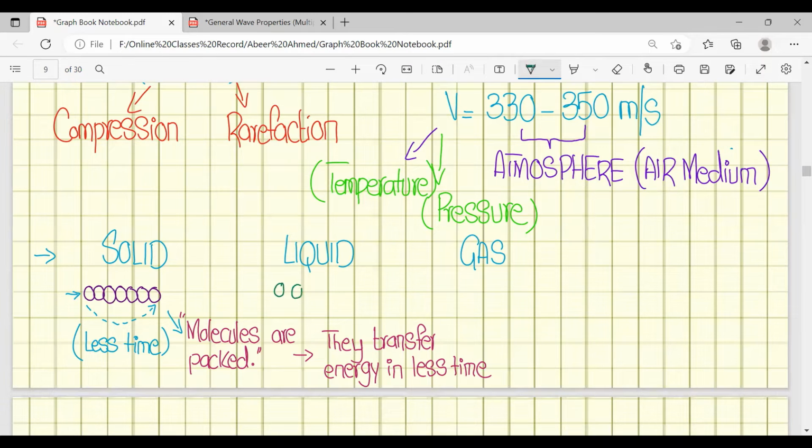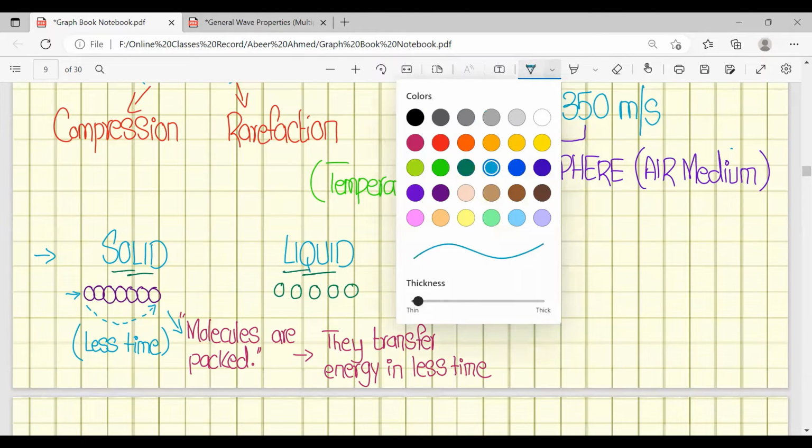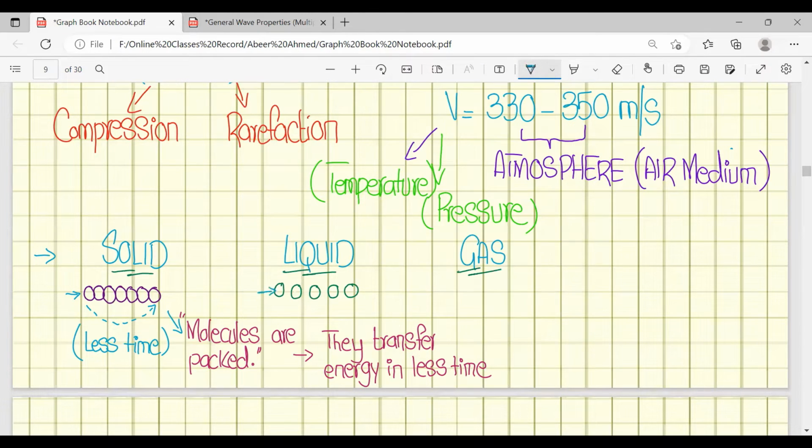So molecules are at some distance as compared to the solid objects. So if we want to transfer energy in liquid molecules, it takes some time or greater time as compared to the time taken by molecules in solids, right?